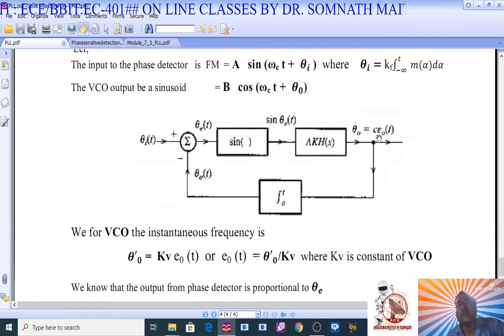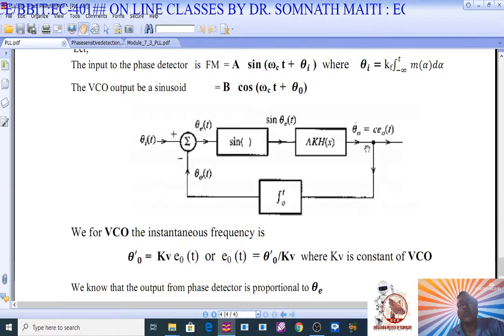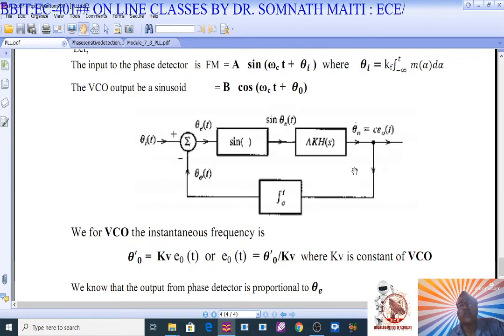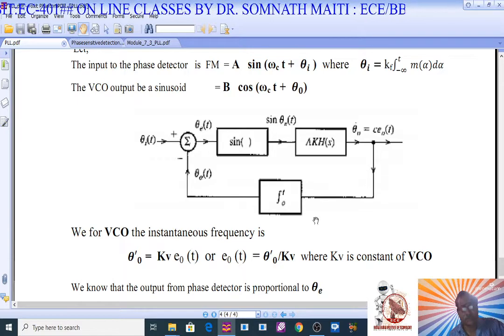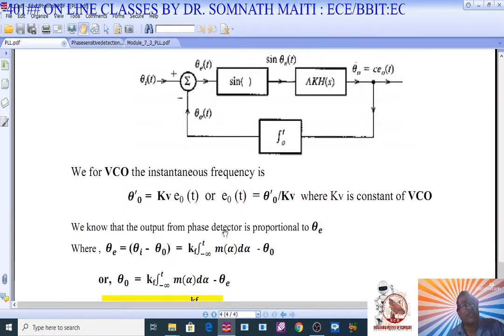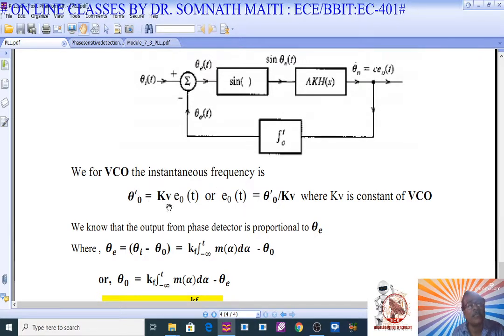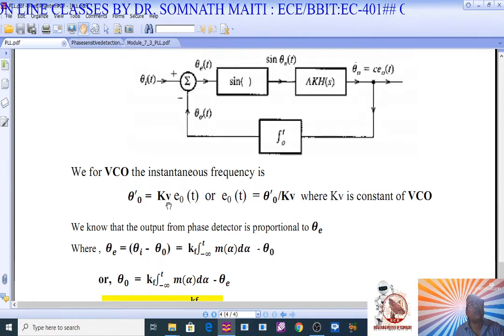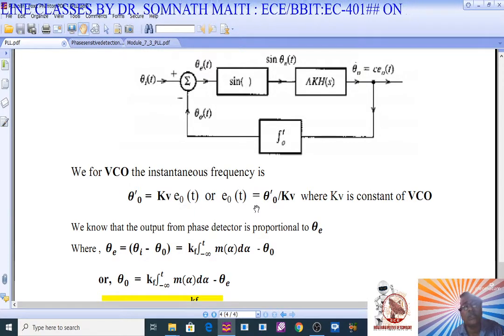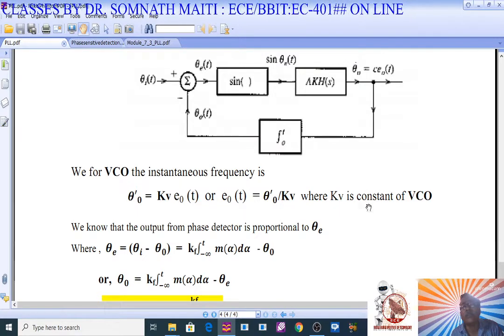It should be a function of the control voltage, so its output should match this. Now, the VCO instantaneous frequency theta 0 dot t equals kV into E0 t, where kV is the constant of the VCO, or E0 t equals theta 0 dot divided by kV.